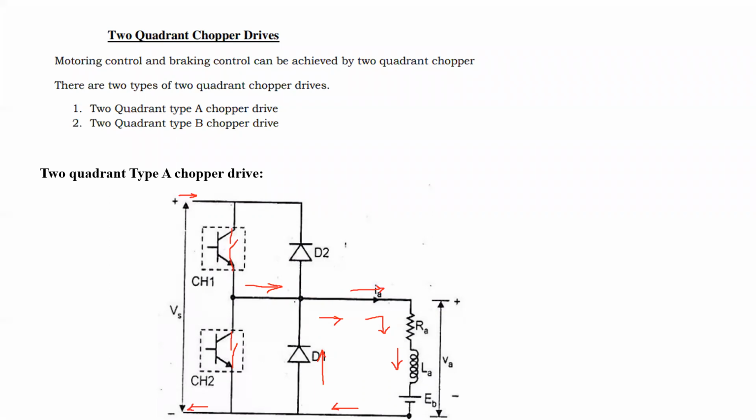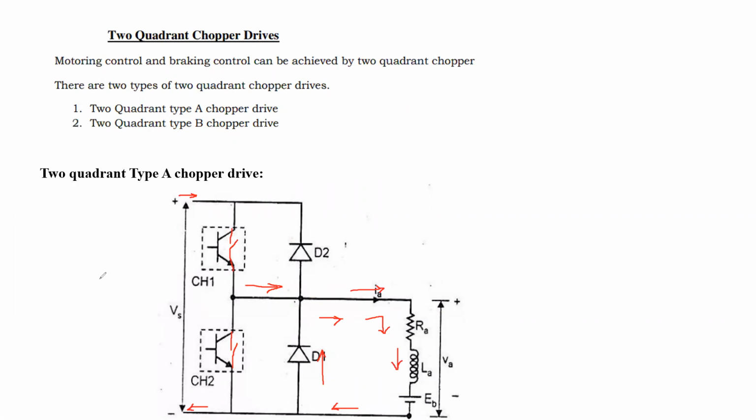That means chopper 1 and D1 are going to work together, and chopper 2 and D2 are going to work together. Whenever you observe carefully, when chopper 1 is operated, the armature current is entering the motor, so you are getting a positive current.